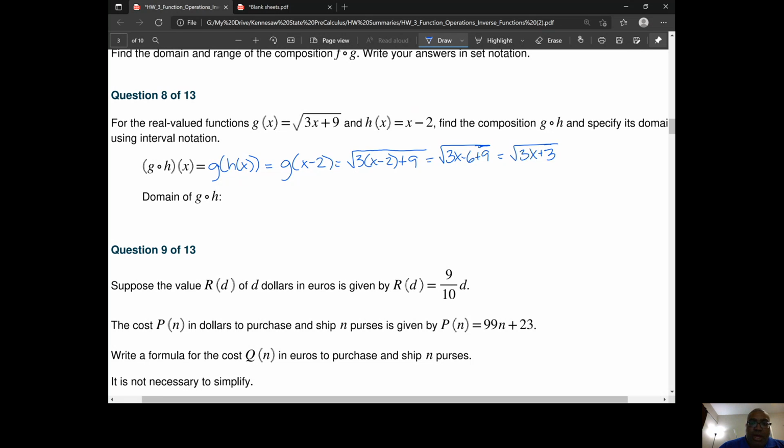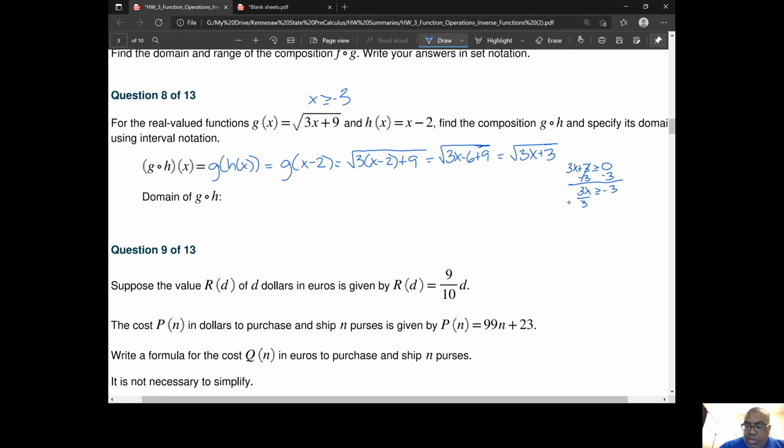Okay. If we look at the domains, the domain of g of x would be x has to be greater than or equal to negative 3, because negative 3 would make this 0, and less than that would make it negative. The domain of this one, 3x plus 3, has to be greater than or equal to 0. Subtract 3. 3x is greater than or equal to negative 3.